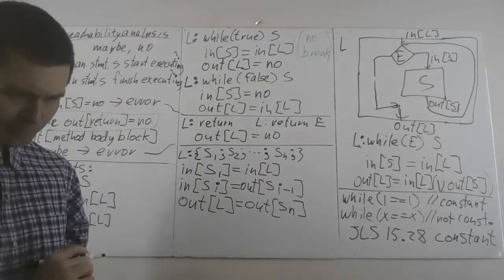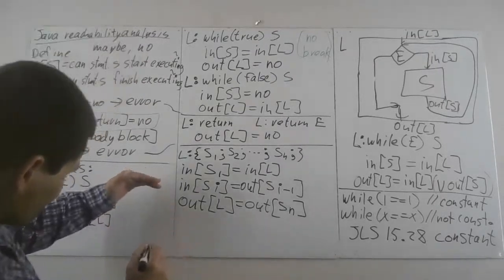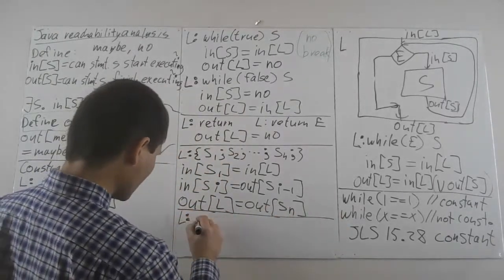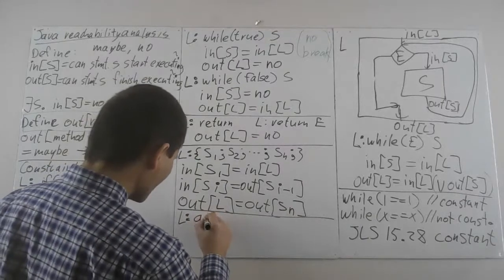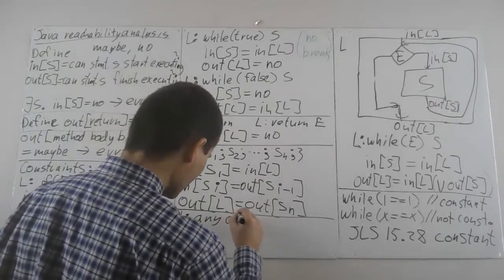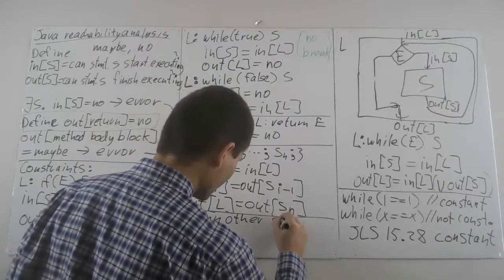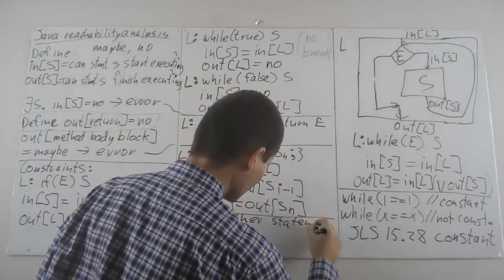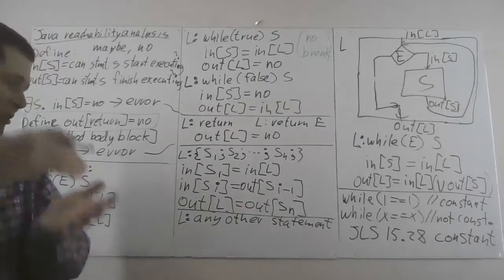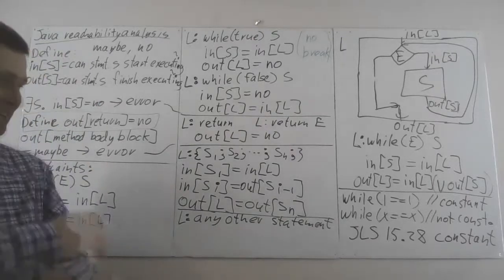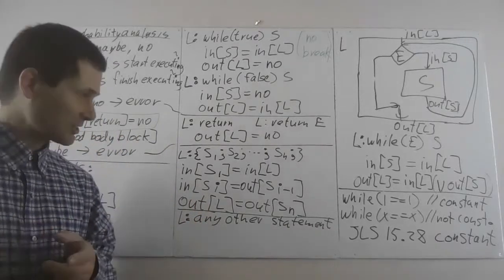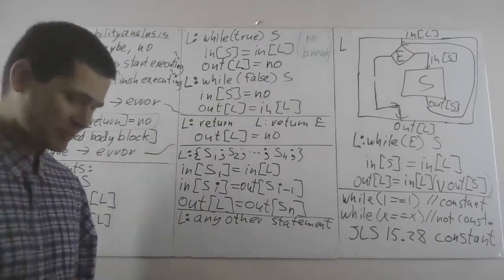All right, so here we're going to do sort of the default case. So any other statement, so anything that is not an infinite loop, not a return, it doesn't do anything special in terms of which other statements will execute.